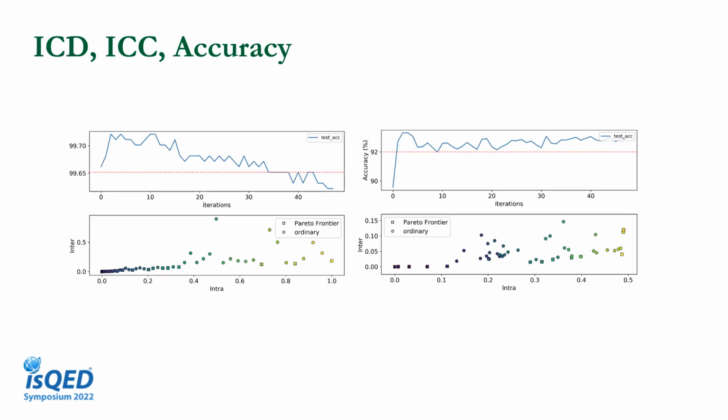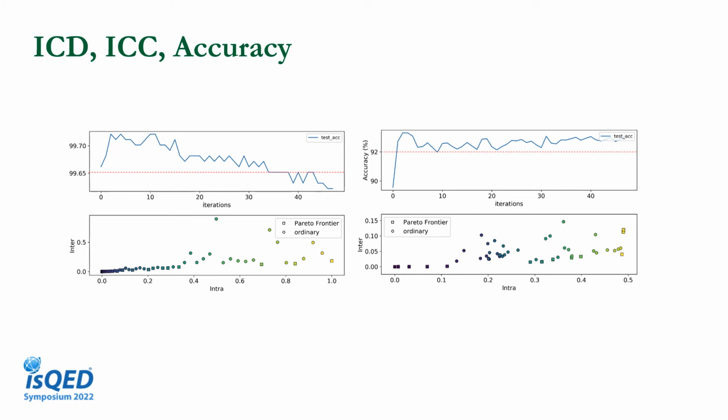In order to evaluate how well the classes are separating during different iterations, we use three metrics: ICD, ICC, and accuracy. ICD stands for intra-class divergence, which measures how far classes are from each other. ICC stands for inter-class convergence, which measures how concentrated the classes are around their centroids.